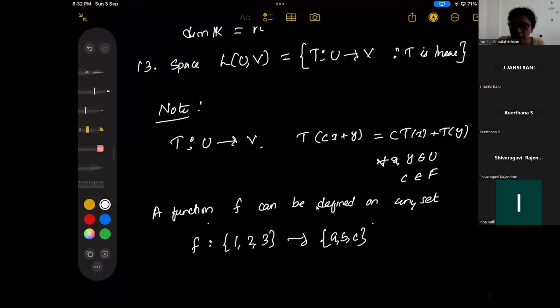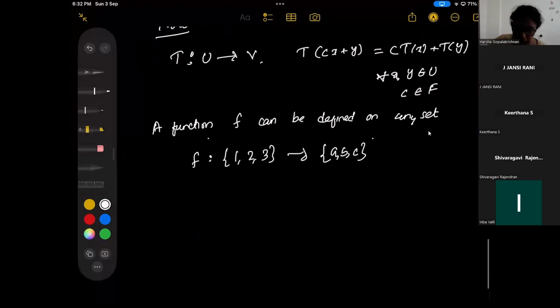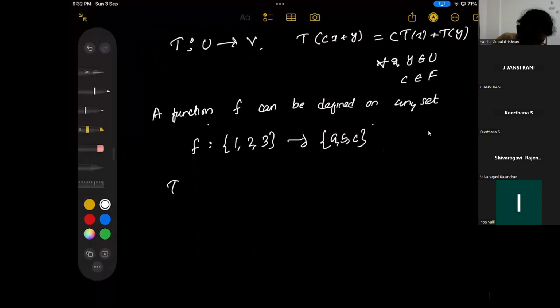Yes, ma'am. Okay. So yeah, the function is just an assignment. It need not satisfy this condition. Okay. And one more thing, suppose T from R to R, with T(x) = x square.